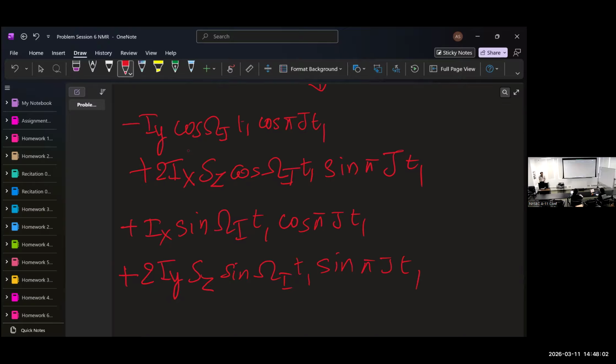This is the part that is the same for all four steps of the experiment.